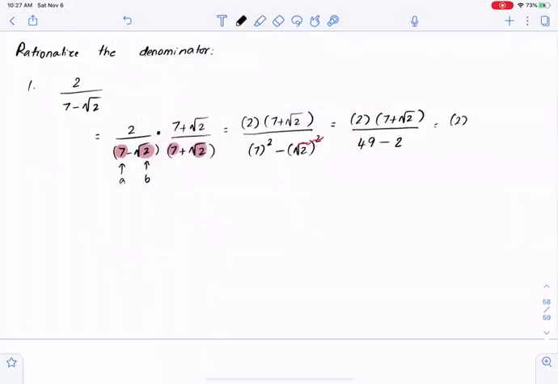So 2 times 7 plus root 2 divided by 47. And as you can see, by multiplying and dividing by the conjugate, we got rid of the radical in the denominator.